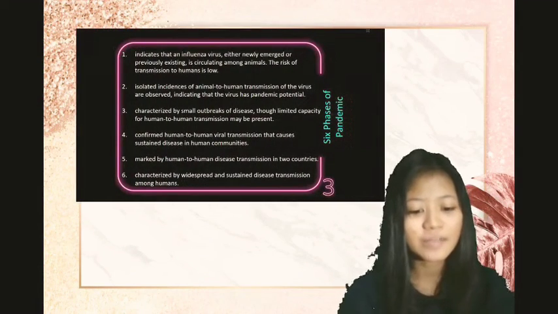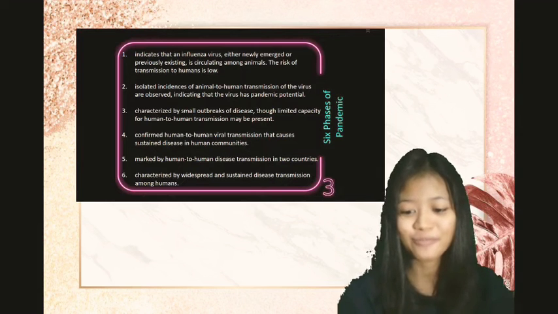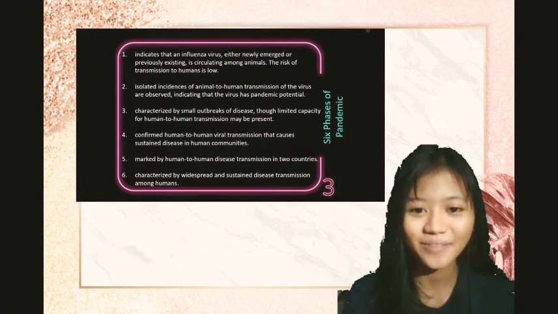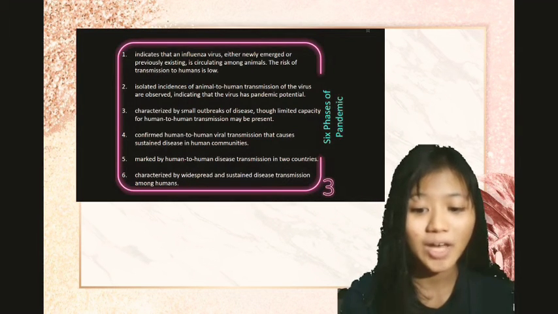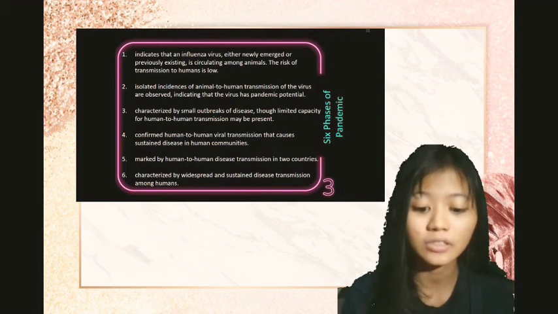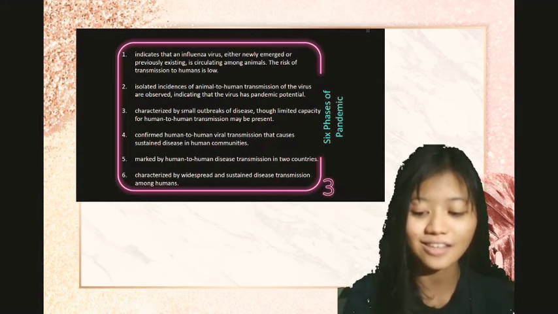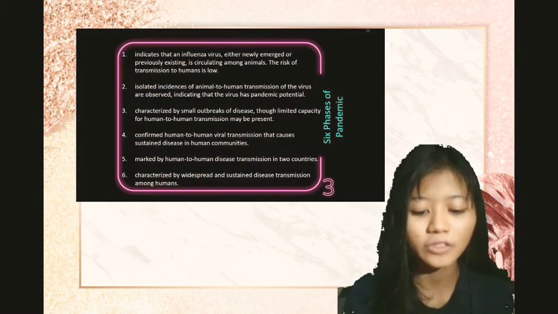The 6 phases of pandemic alert are organized as a pandemic preparedness plan by WHO. The 6 phases of pandemic are outlined as follows. Phase 1. The lowest level of pandemic alert indicates that an influenza virus, either newly emerged or previously existing, is circulating among animals.